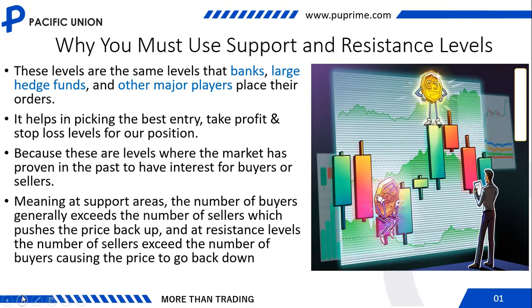Exactly. When we talk about banks, we're looking at Goldman Sachs, JP Morgan, and most of these big banks. You want to have an idea of where the majority are. So that's what support and resistance does. It kind of exposes, it tells you the secret, basically.